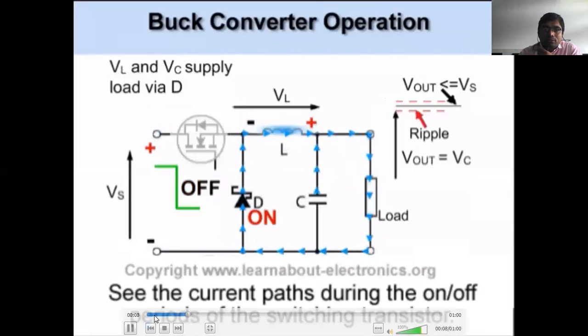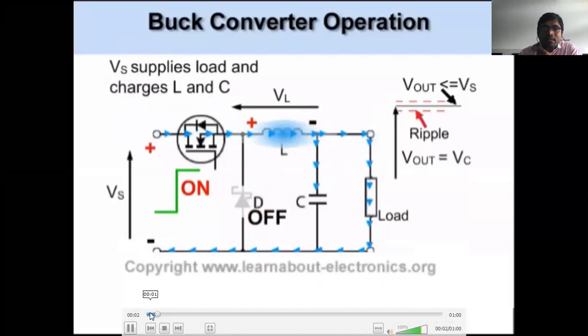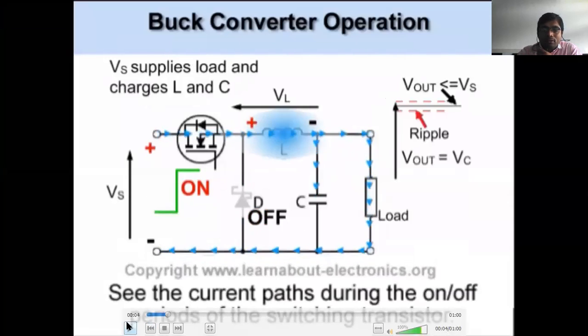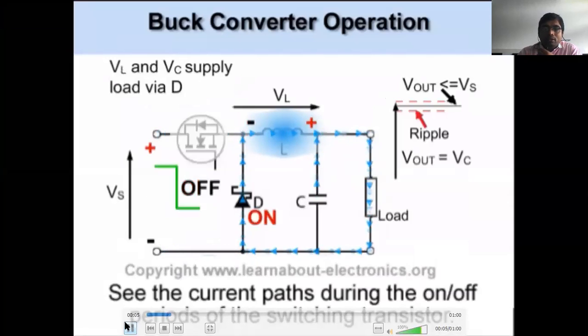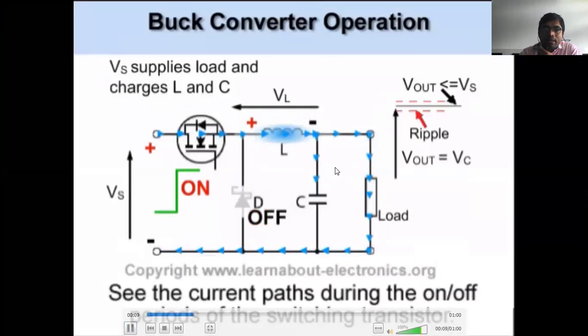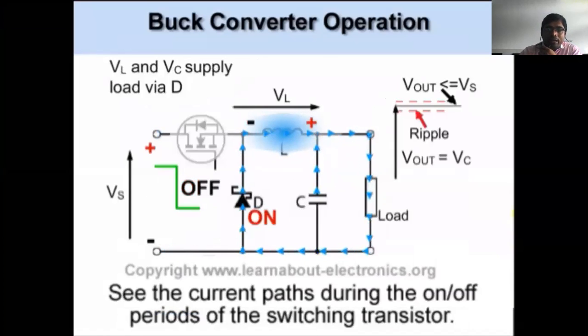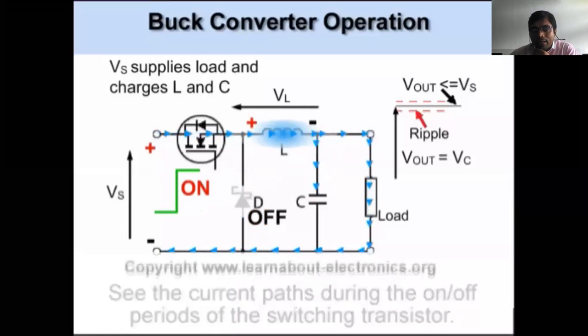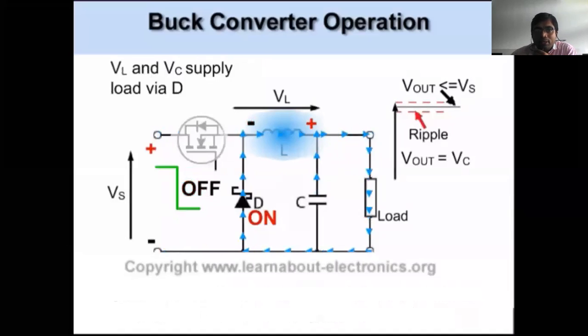You can see here the first condition, when your diode is reverse biased and the switch is on, at that moment the current flows through this path as well as through the capacitor. But when your switch is off, the diode is turned on and the current flows only through these two paths. This is the way they show the flow of the current as well as the polarity of the currents and voltages.